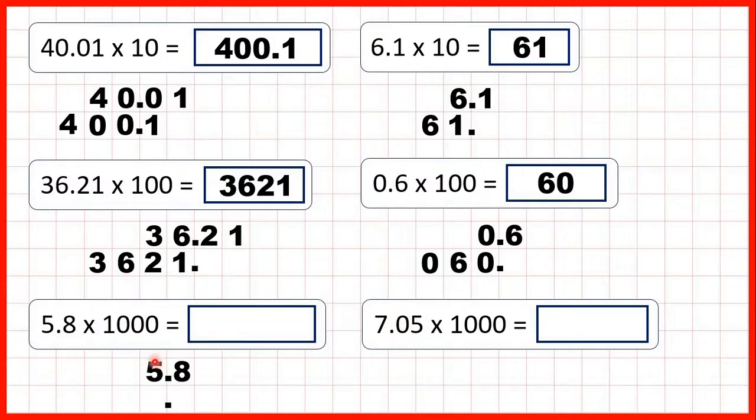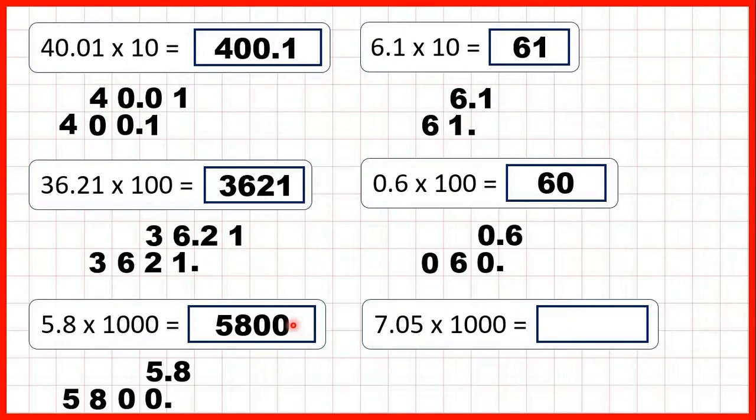So if we copy down this 5, 1, 2, 3 squares to the left, and do the same with this 8, we now have 2 squares before our decimal point. So we need to write zeros in these empty squares to show that the 5 has now moved to the thousands column and the 8 to the hundreds. So our answer is 5,800, because now the decimal point is at the end, we have a whole number.